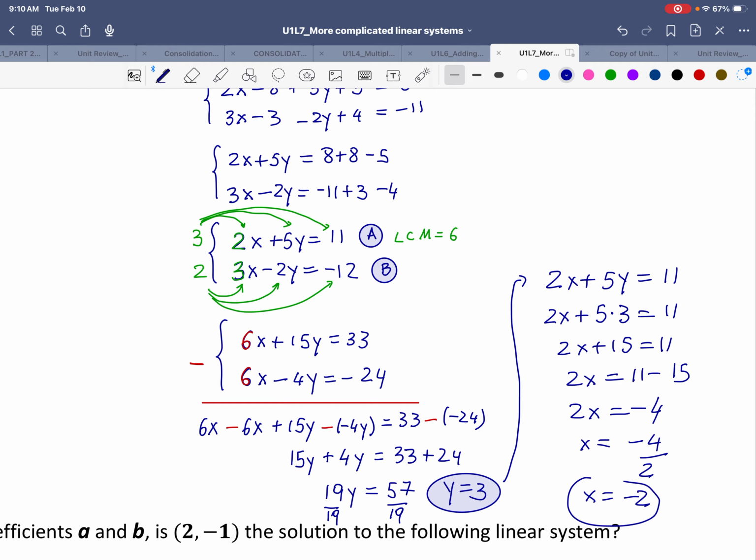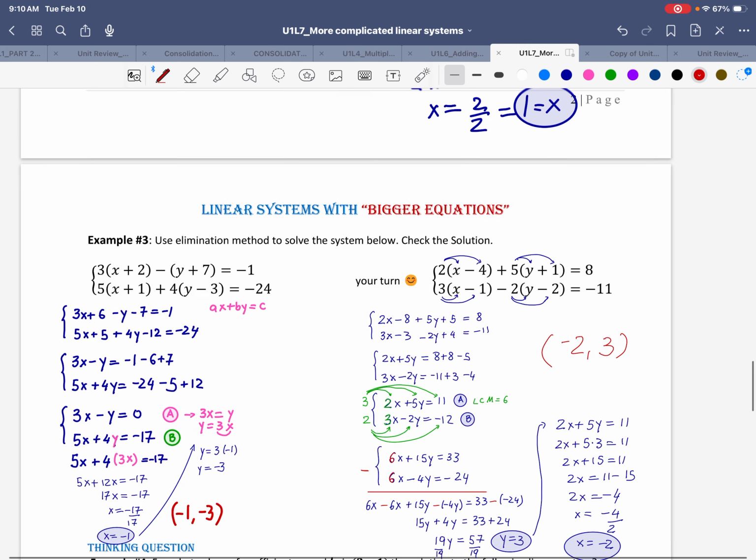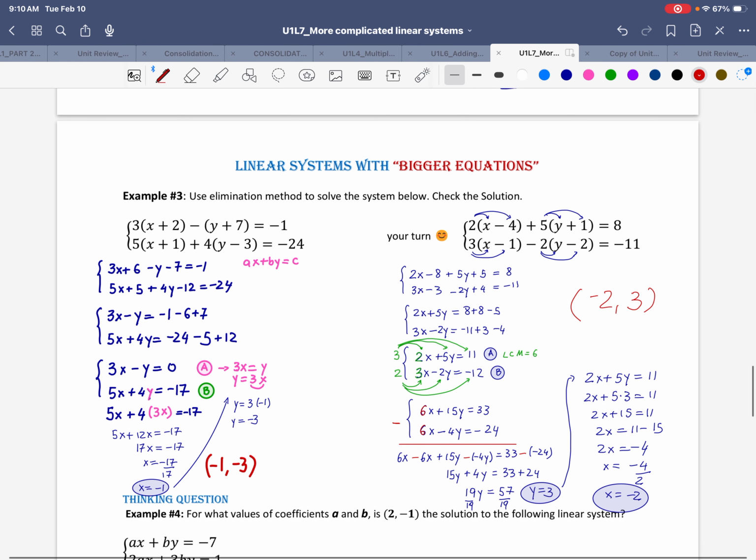We got x as well, which means we got the entire solution of x equals negative 2, y equals positive 3. And this is how we solve these more complicated or bigger equations.